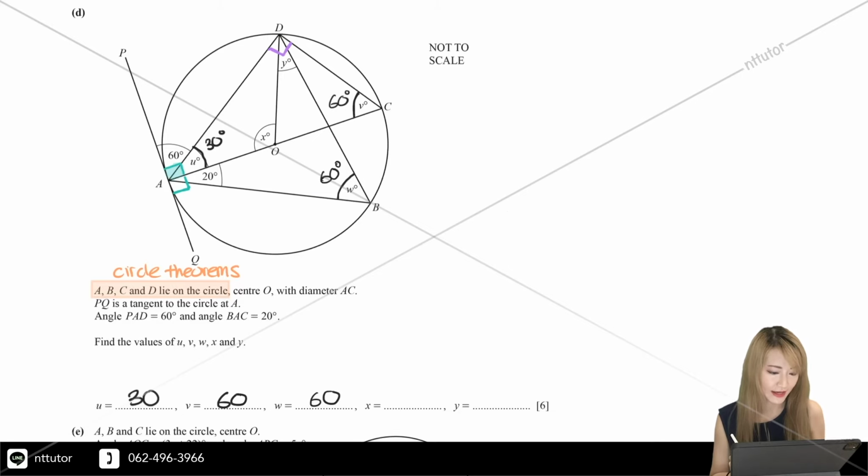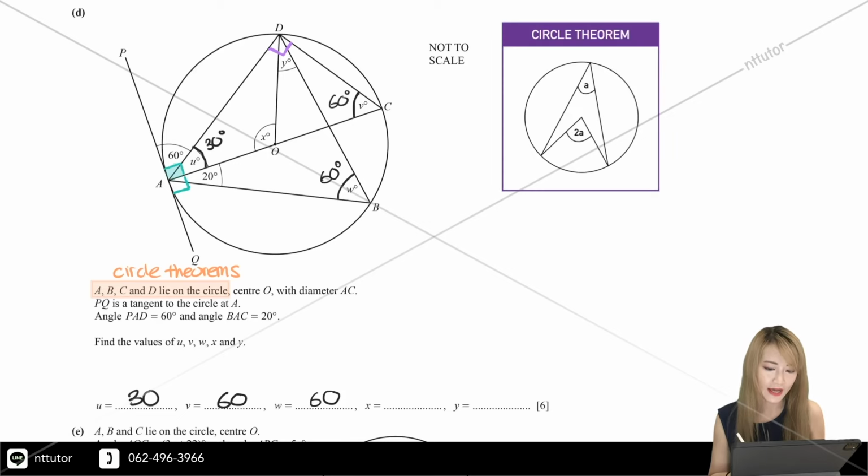Next, we need to find X. Another circle theorem that we could use is this one: the angle at the center is double the angle at the circumference of the circle if they come from the same segment. The question also reminds us that the center is at O because they want to remind us to use that circle theorem.